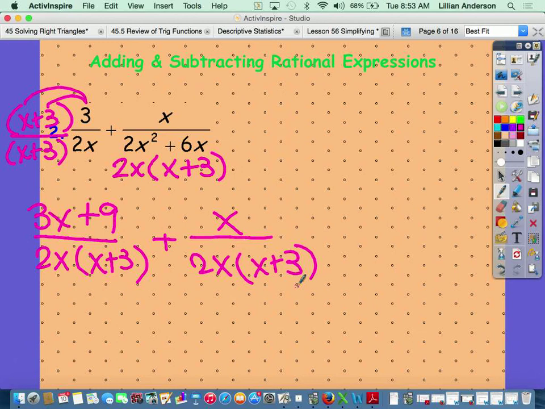Now that my denominators are the same, all I have to do is what? Add the what? The top. So, this gives me 3x plus 9 plus x. So I'll have 4x plus 9 over 2x, x plus 3.